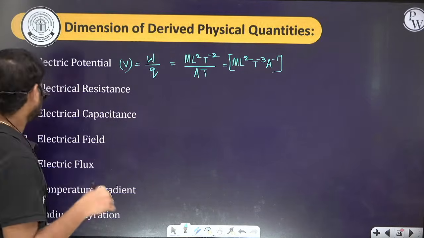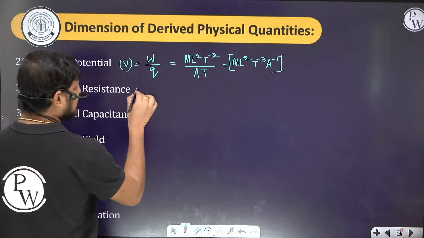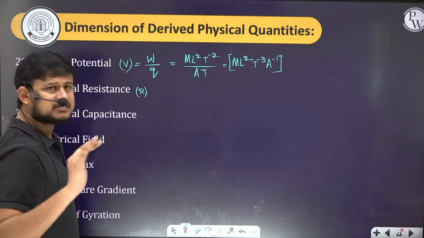Done? Now the electrical resistance. You can write the resistance formula from Ohm's law, V is equal to IR.